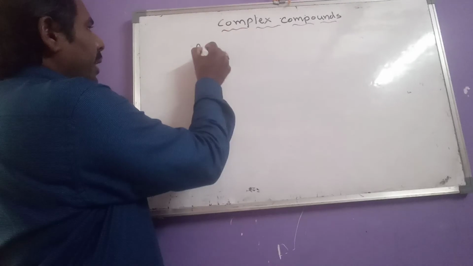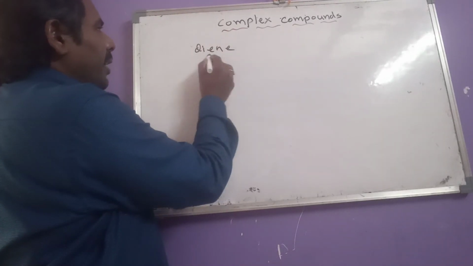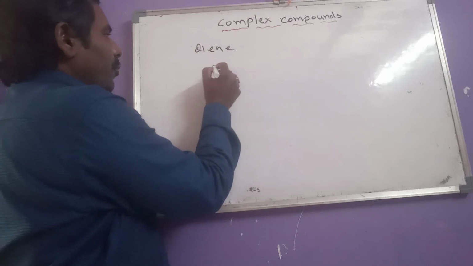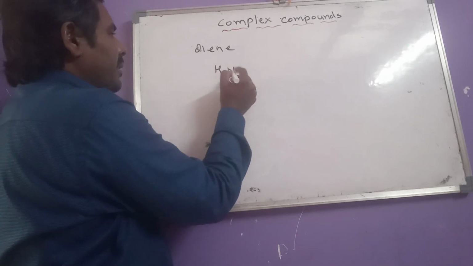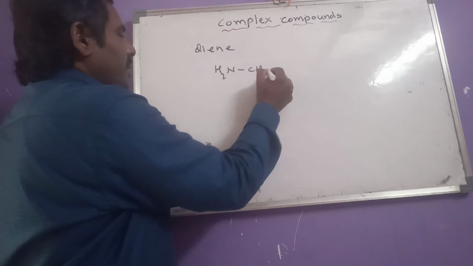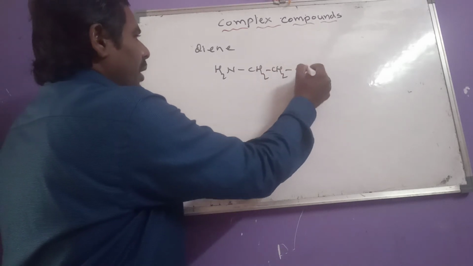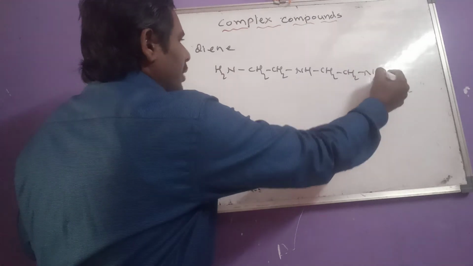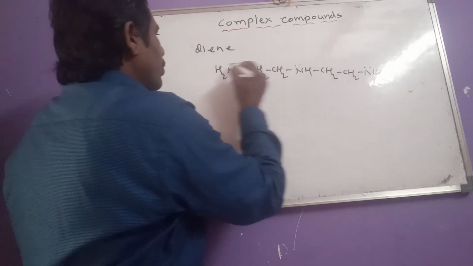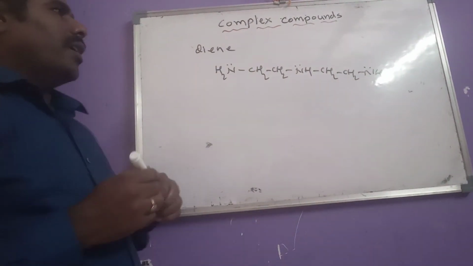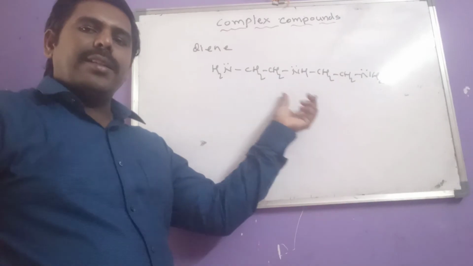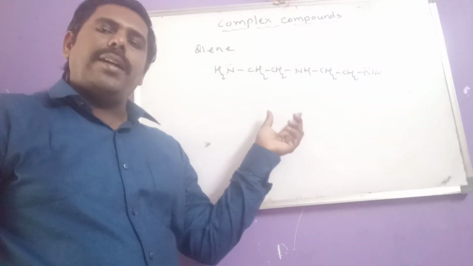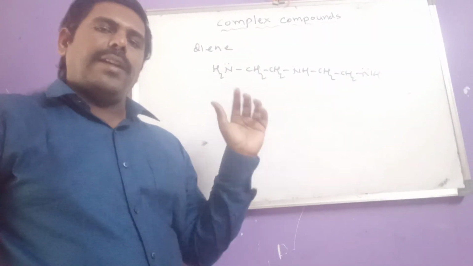We can write the structure like this: NH2 CH2 CH2 NH CH2 CH2 NH2. 1 2 3, three donor atoms are present. So diene comes under polydentate ligand.